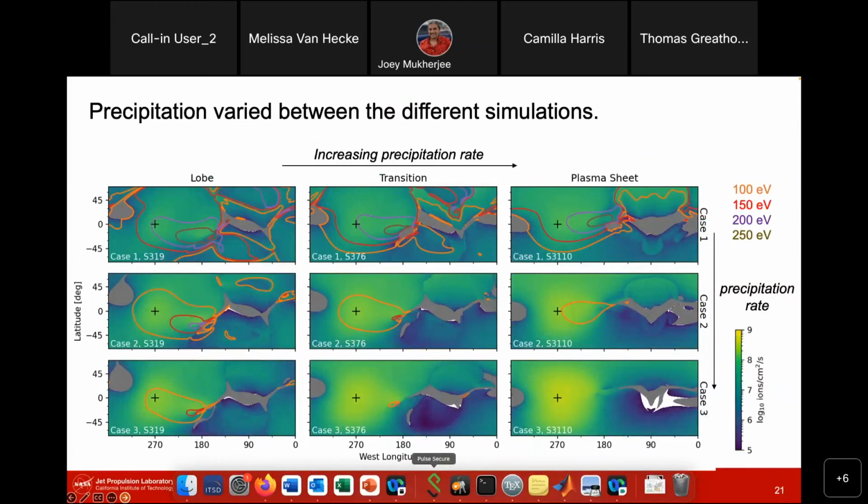So I have not done that exact comparison, but I think there's a leading-trailing difference, right? You definitely see that here. In all of the cases, you have the most precipitation on the trailing hemisphere, the upstream hemisphere. You have the least precipitation or none on the leading hemisphere.